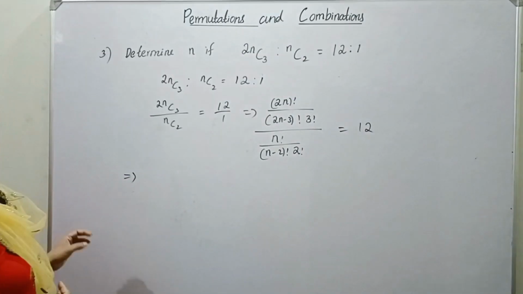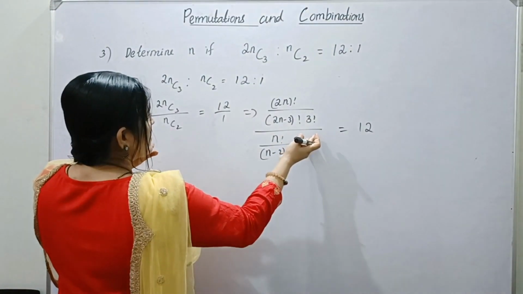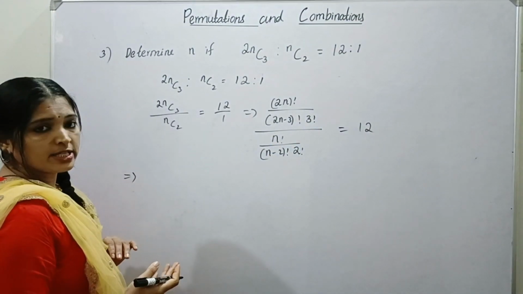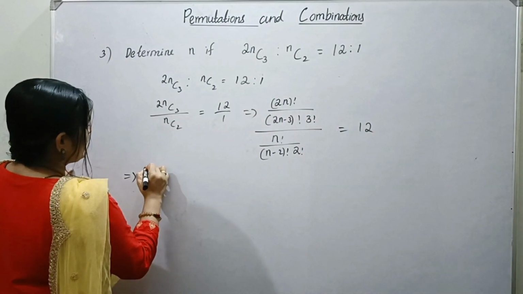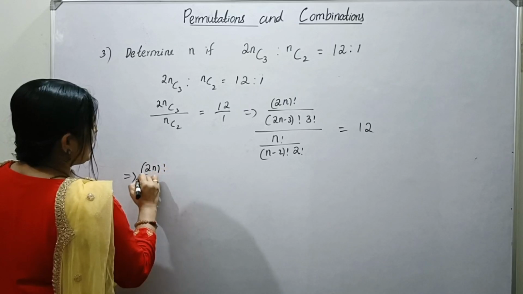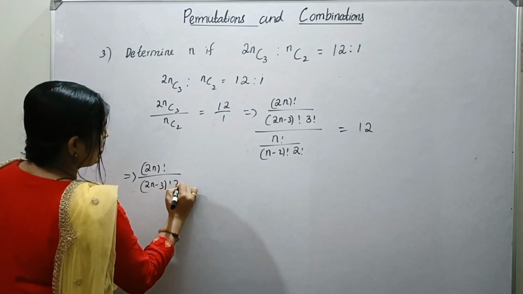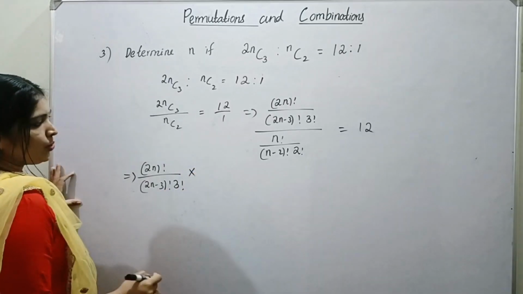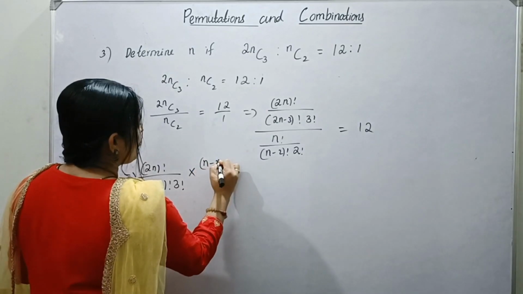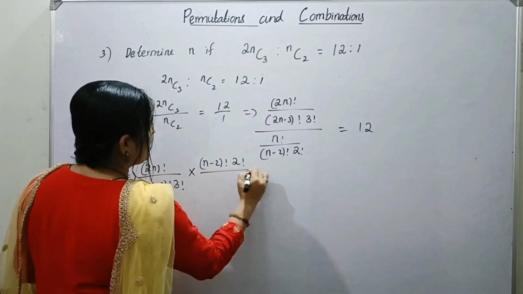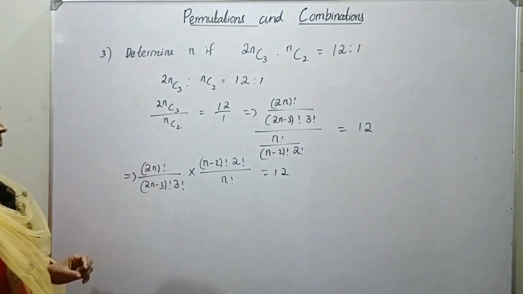So let us write with multiplication, taking the reciprocal. It is better to write multiplication. 2n factorial divided by (2n minus 3) factorial into 3 factorial, into the reciprocal, (n minus 2) factorial into 2 factorial divided by n factorial, is equal to 12.